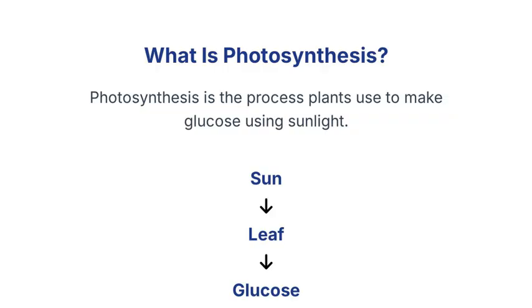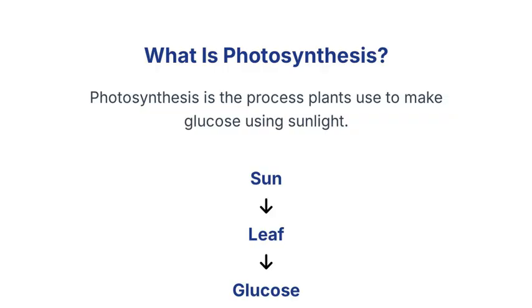So this is the most basic outline: it goes from the sun to the leaf and finally to glucose. And then I think the plant will actually go under cellular respiration to make ATP from the glucose.